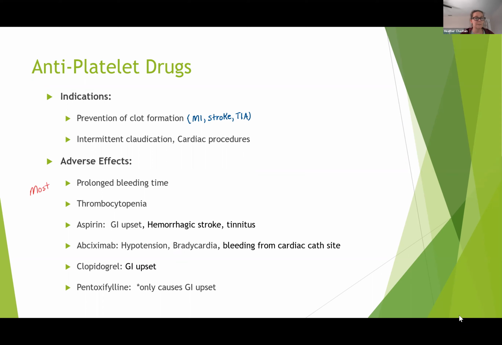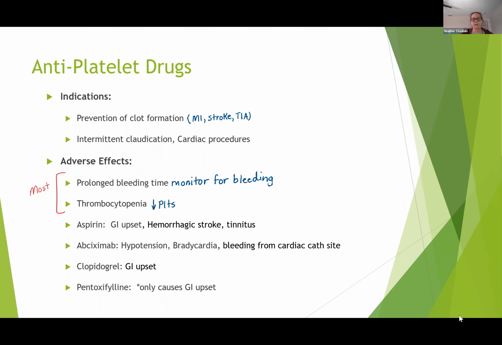Your adverse effects, and this is for most of them, like I said, we have an oddball, but most of them are going to cause prolonged bleeding time and thrombocytopenia. Because they cause a prolonged bleeding time, we're going to monitor for bleeding. With thrombocytopenia, that's going to cause a decrease in platelets.